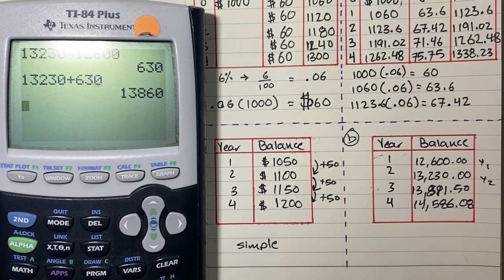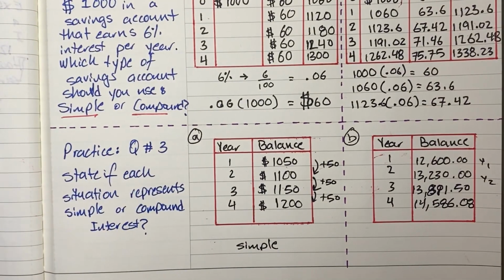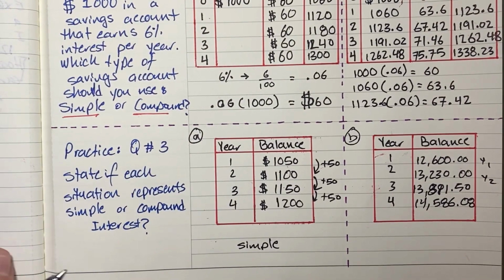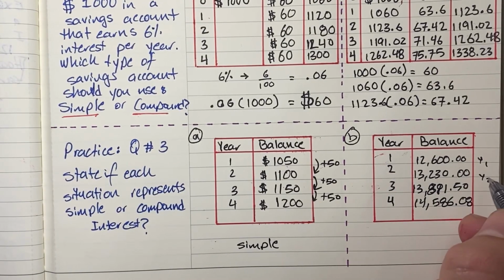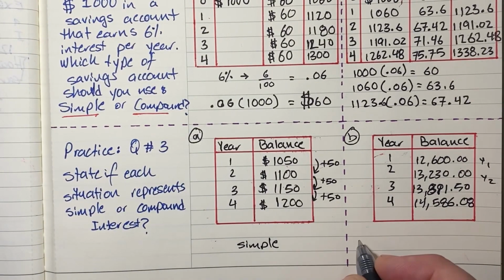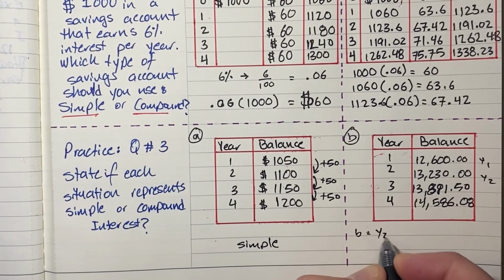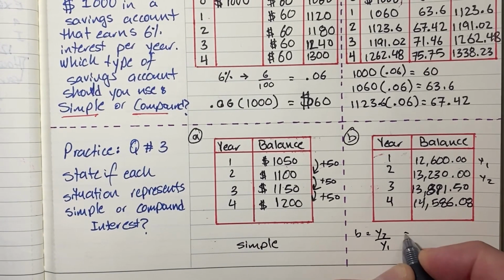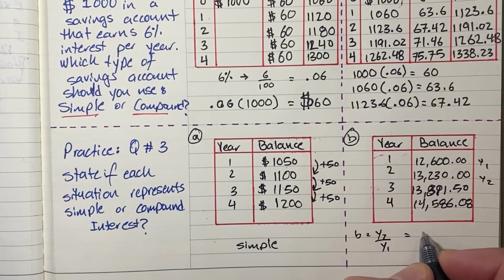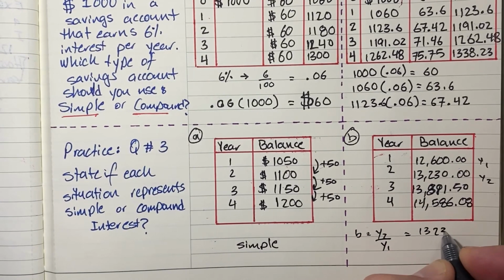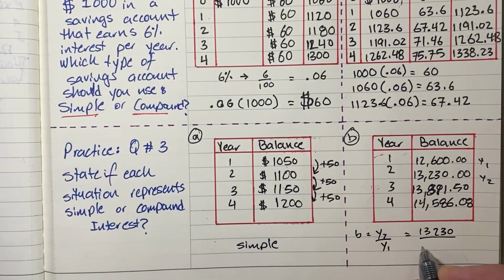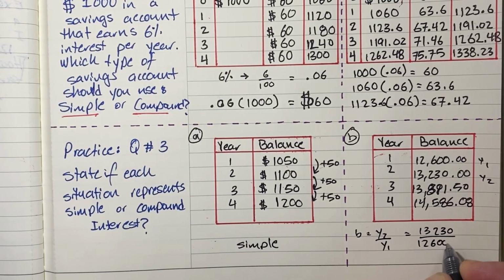But I've got to double check and make sure. What am I multiplying by each time? Well, if you remember, if I know it might be compounded, then I can figure out my quote-unquote b, right? And you can say that b is just y2 divided by y1. And y2 in this case is going to be 13,230 divided by 12,600.